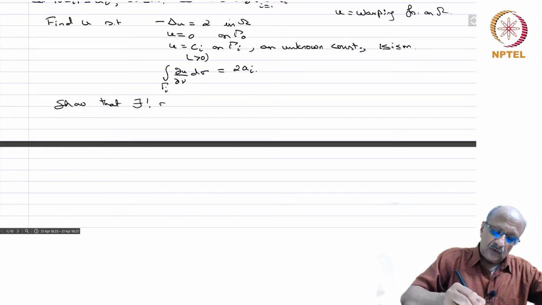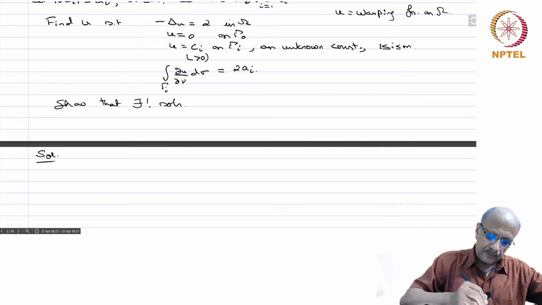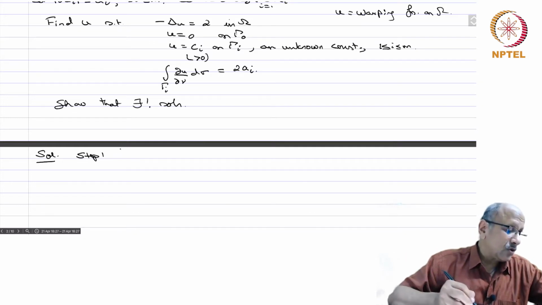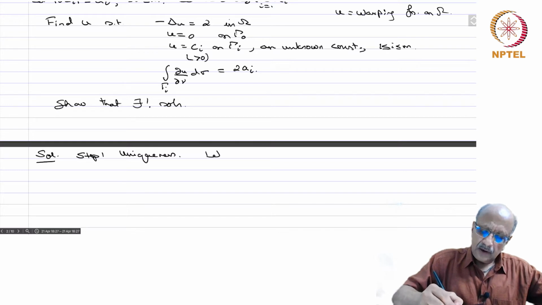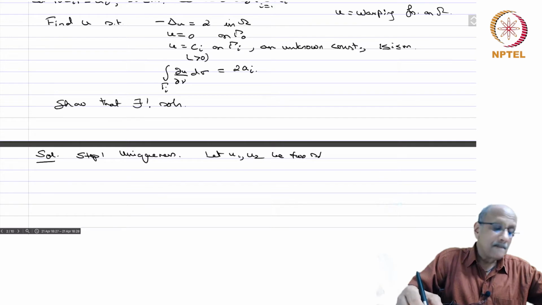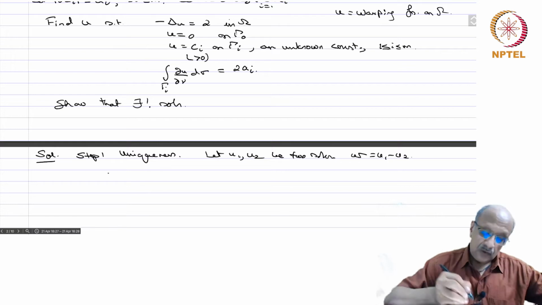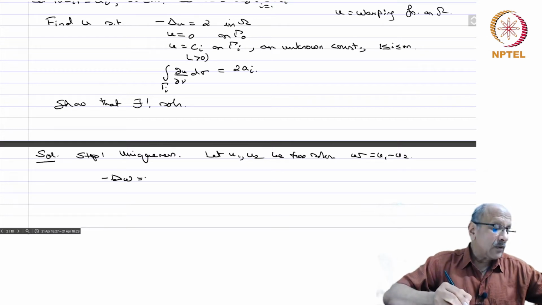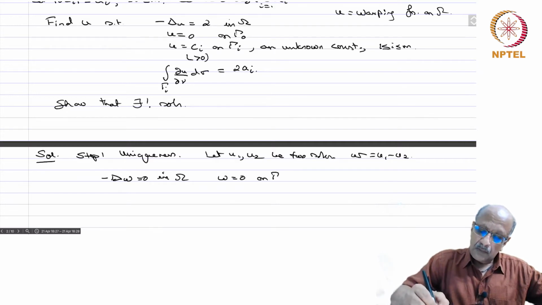Okay, so we want to show that there exists a unique solution. Okay, so step 1, uniqueness. So let u1 and u2 be two solutions, and set w equals u1 minus u2. So minus Laplacian w equal to 0 in omega and w equal to 0 on gamma naught.